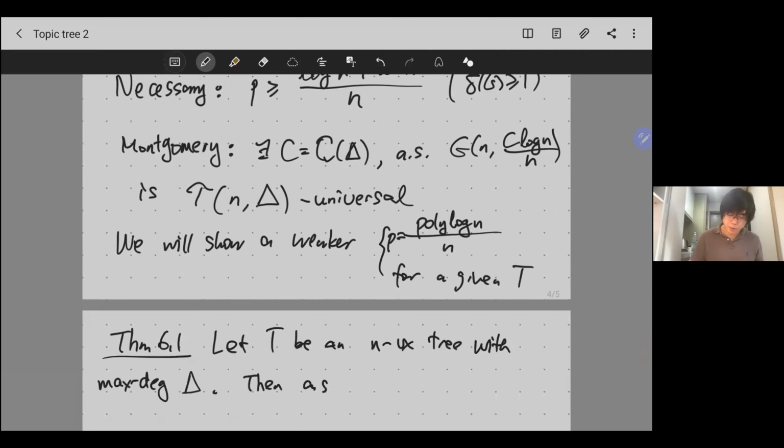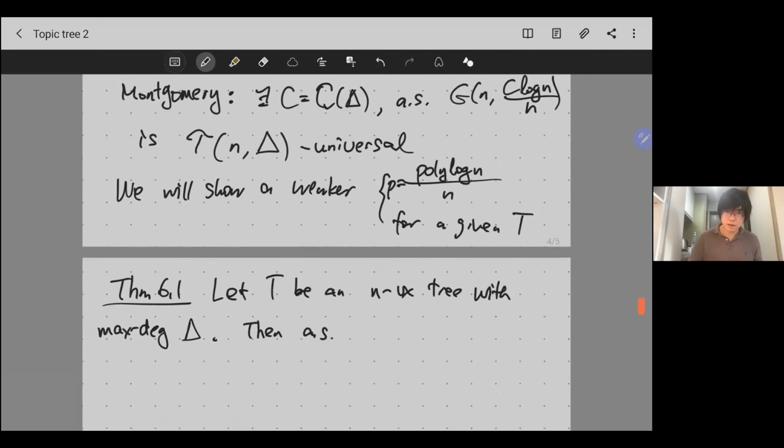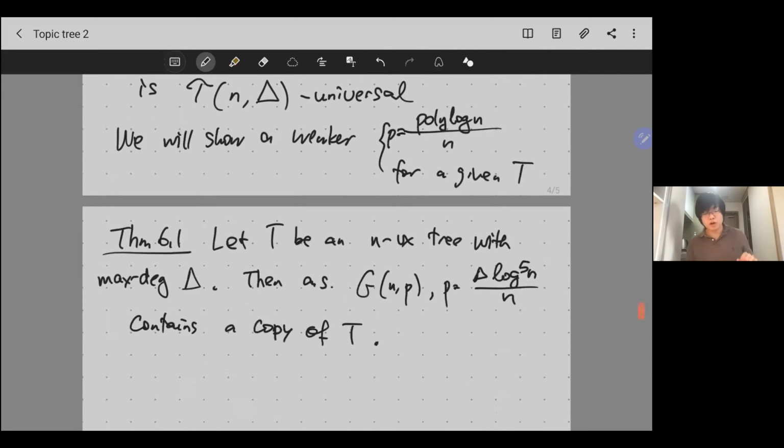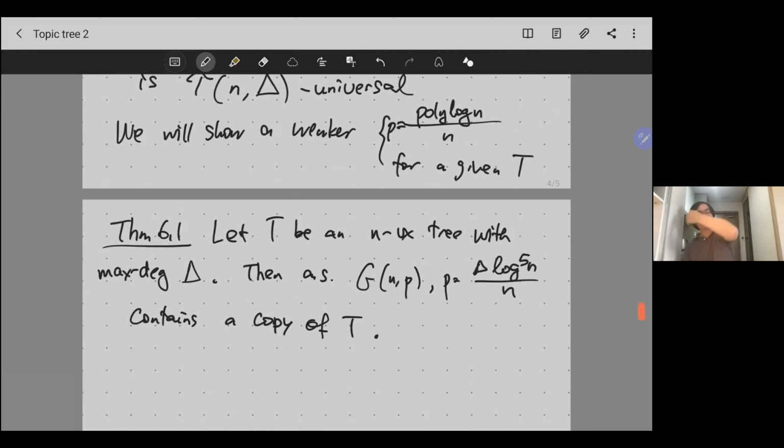Then almost surely G(n,p), where p is delta log n to the 5 over n, delta is just some constant, contains a copy of this tree as a spanning subgraph. This is what we want to see.